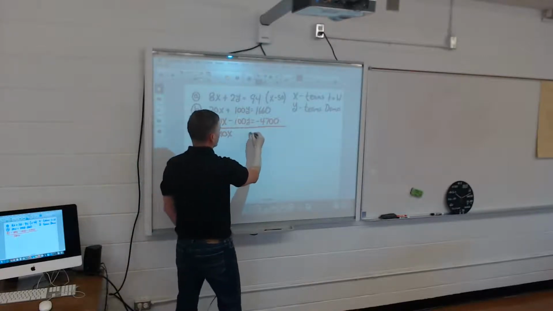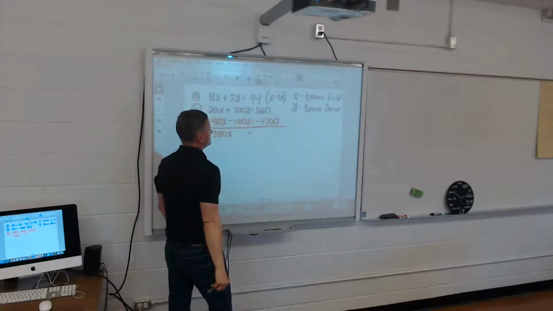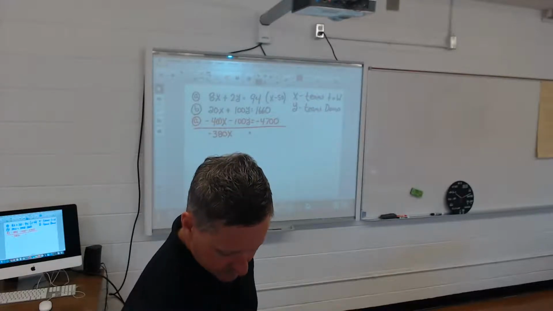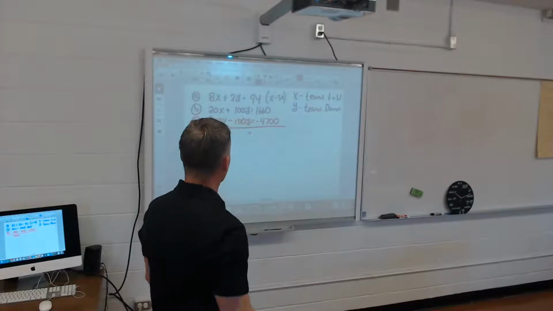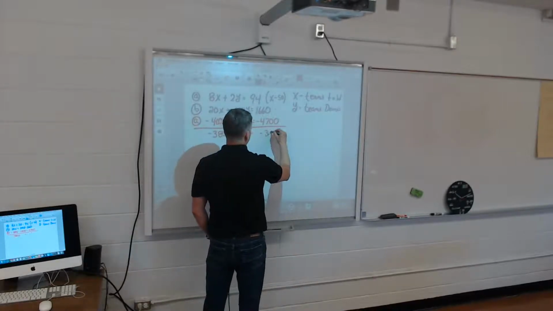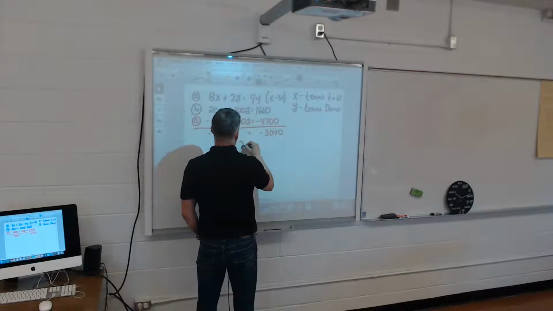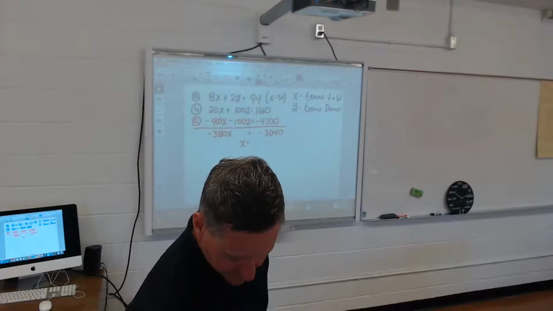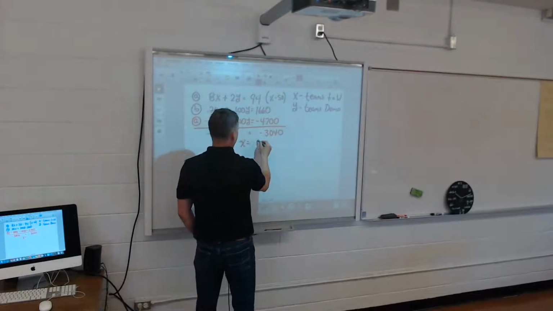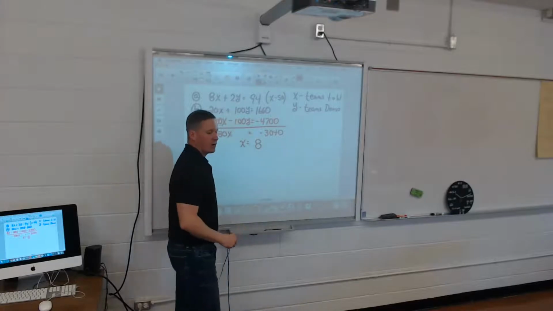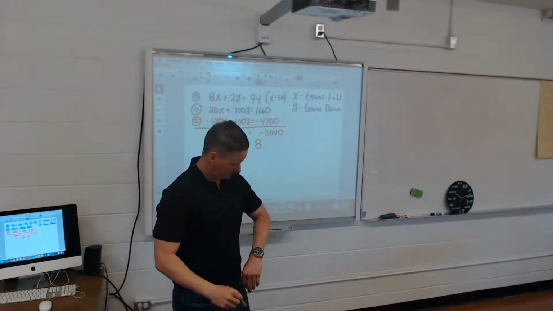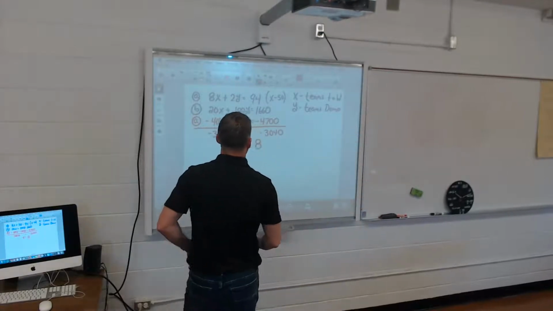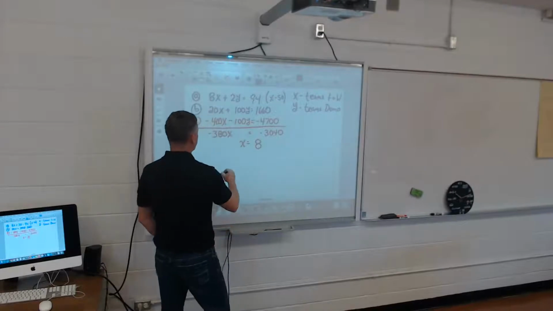This is 0, which is what we wanted. And now I add these together. And then I have to divide by 380 eventually. Divided by 380. That means I have 8 tug-of-war teams.